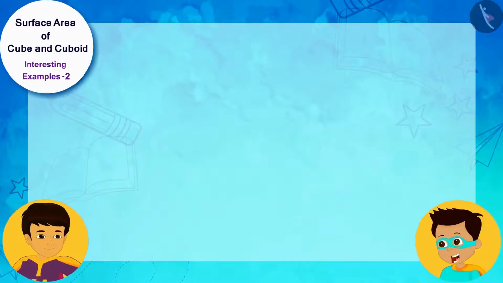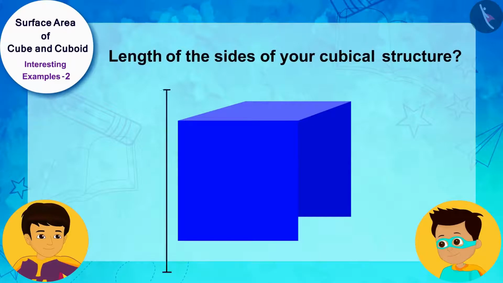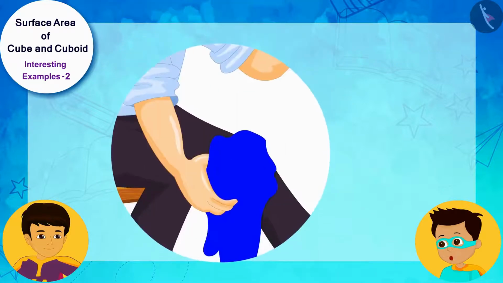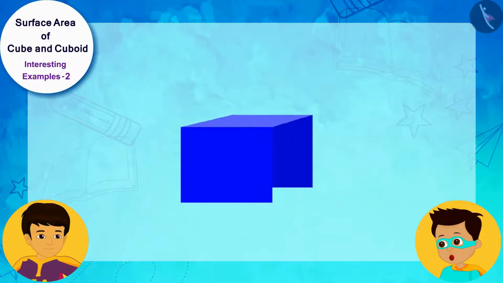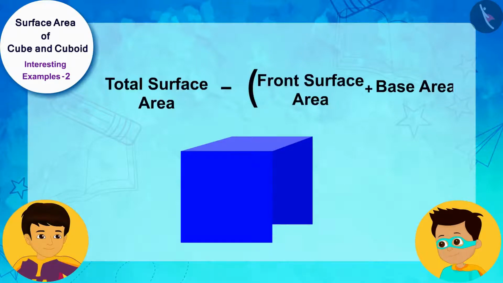Okay, tell me what will be the length of the sides of your cubical structure? About 32 inches. Assuming that the extra fabric of the tarpaulin used at the time of sewing will be negligible, the tarpaulin used in your cubic structure will need to have the area of the front face and base area subtracted from the total surface area of the cubic structure.